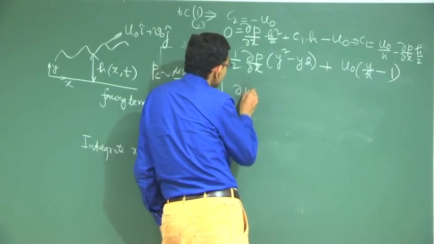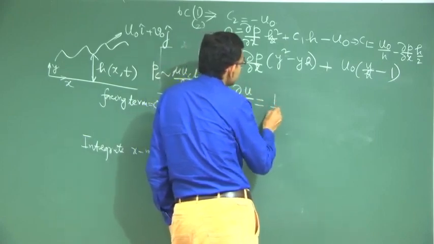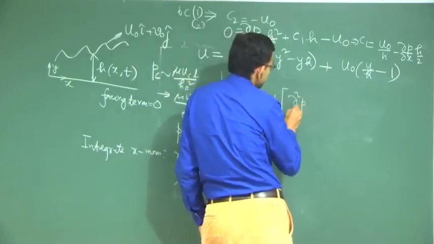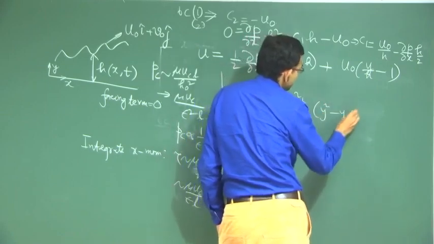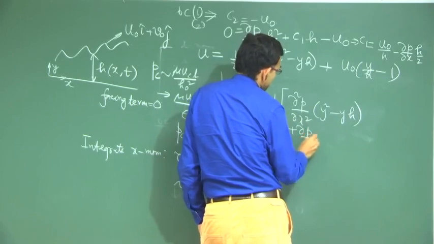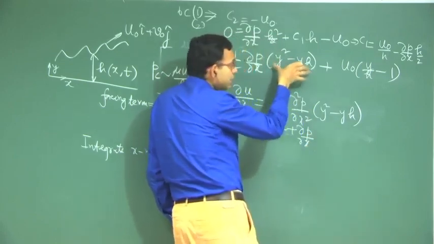So, you have, what will be the derivative of this with respect to x? We are using a product rule.